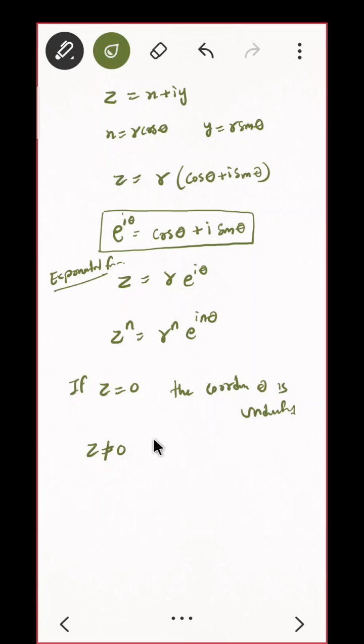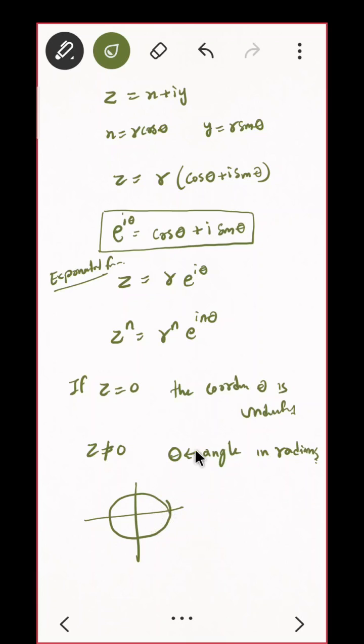I hope you understand what is radian and degree, 12th standard. Theta is the angle in radians. Perfect. So what you are doing, actually you are just changing it into a circular form.